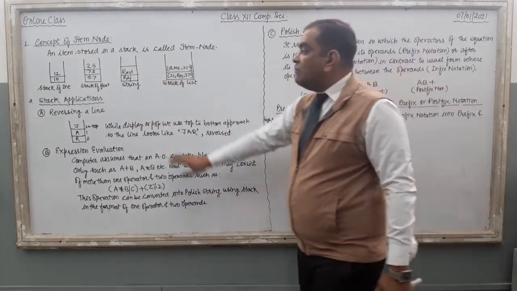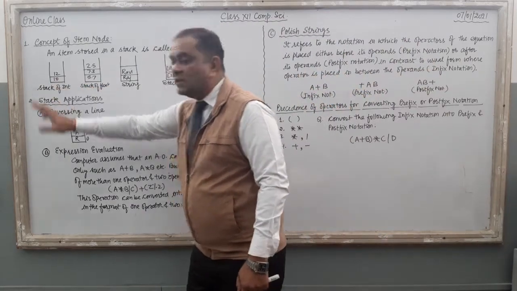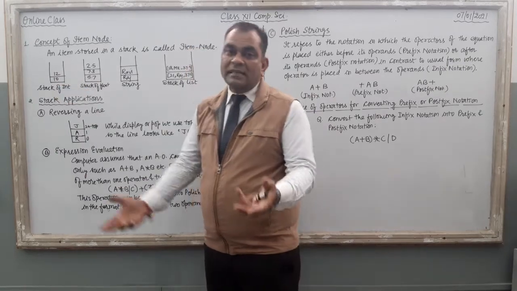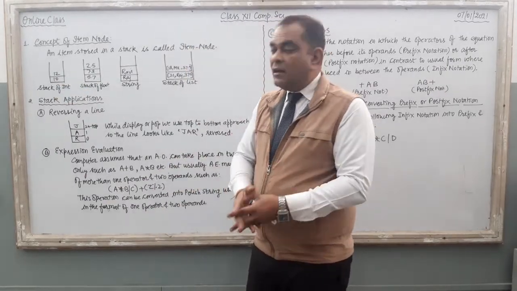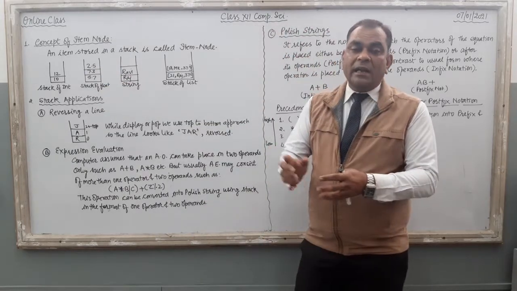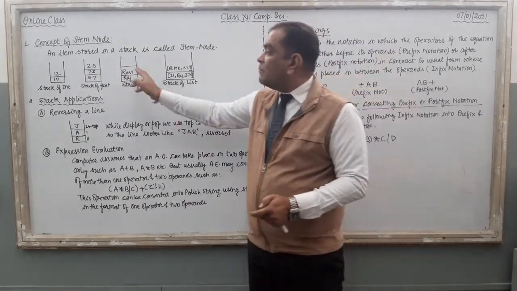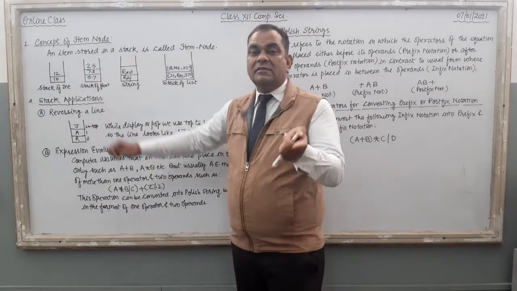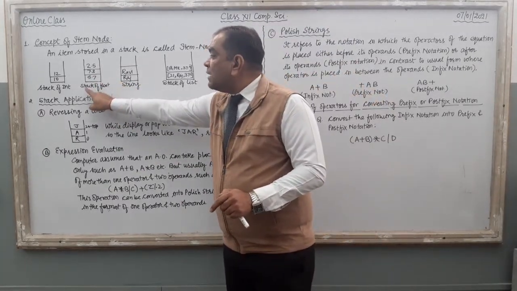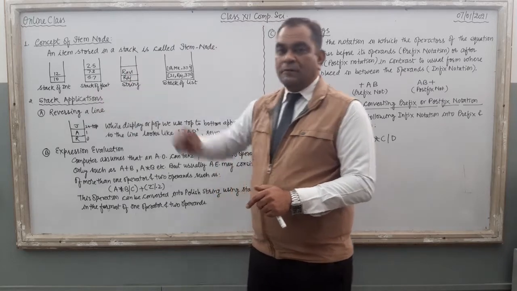So we can say it is the stack of integer, right? The item node is integer. In the second one, floating point values are there, so we can say the item node of the stack is float value, and the stack is known as stack of float.